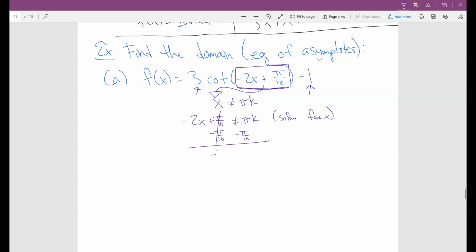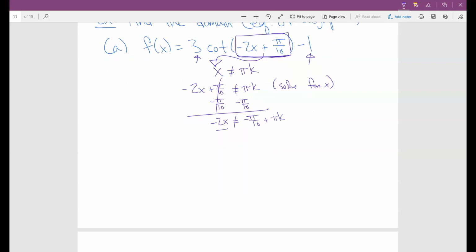This gives me negative 2x is not equal to negative pi over 10 plus pi k. And now we're just going to divide everything by negative 2. So x is not equal to a positive pi over 20 minus pi over 2 k. So this is basically the equation of the asymptotes.